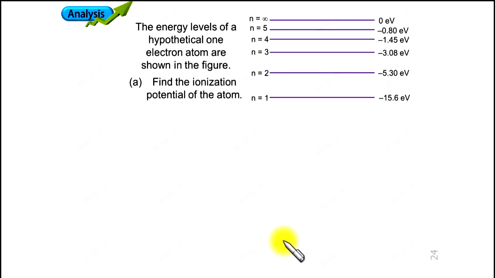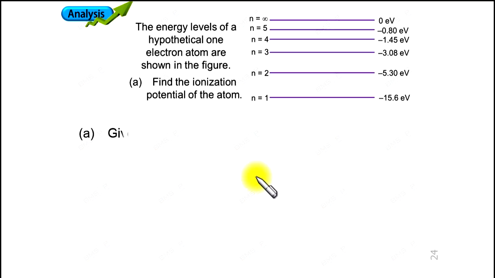For calculating the ionization potential, we need to find the ionization energy. And we know ionization energy is the energy required to eject the electron from the atom from the ground state, that is from n equal to 1 to n equal to infinity, right? And here we know E for n equal to 1 is minus 15.6, and for n equal to infinity it is 0.